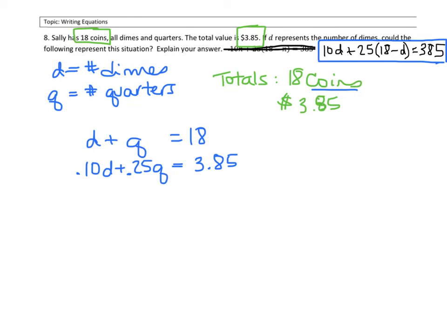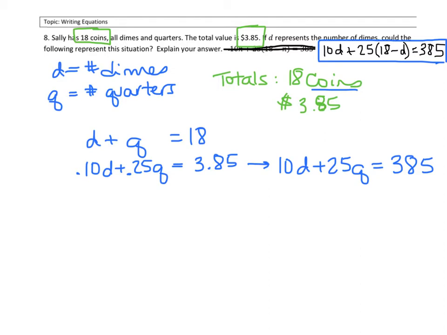So if I rewrote this as 10D plus 25Q is equal to 385, that's legal mathematically because I moved the decimal in each one of these 2 places. So as long as you do it consistently to every term in the equation, then you can go ahead and do that. Now that's looking much more like what we have there.